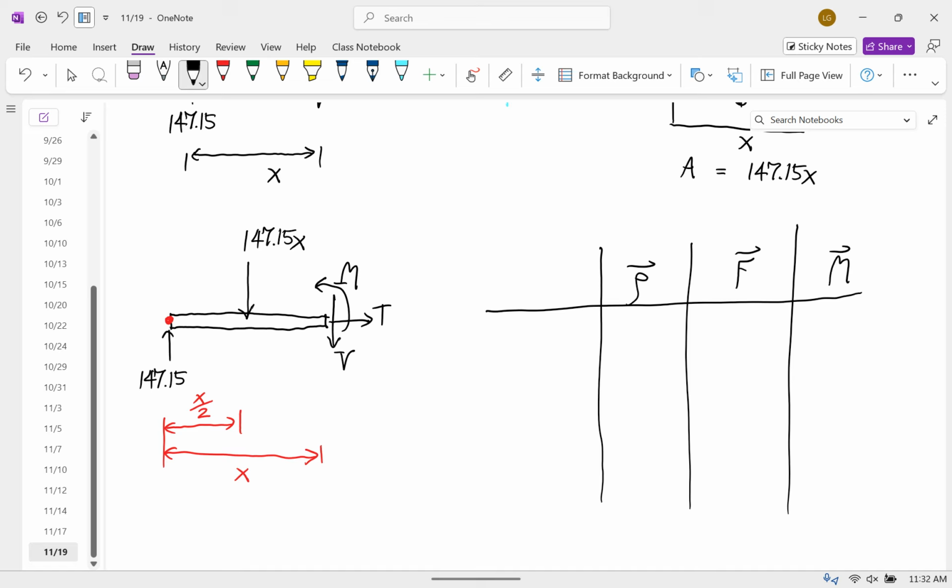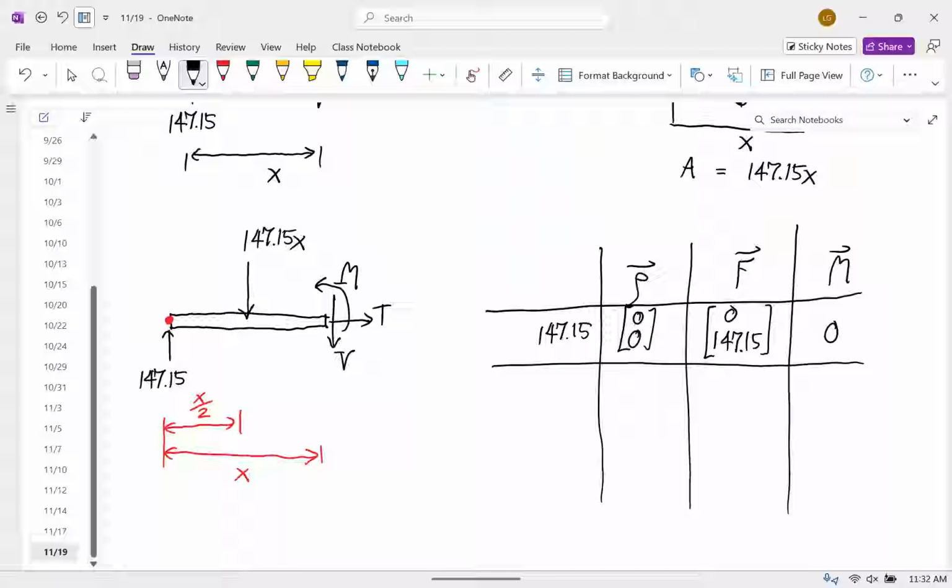Okay, so I'm going to start with the 147.15. Row vector is 0. Force vector is 0, positive 147.15. Cross product is 0. Then I'll do the one that represents the distributed load, 147.15x.